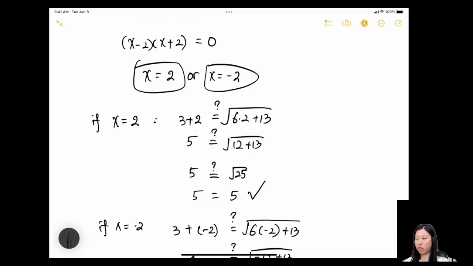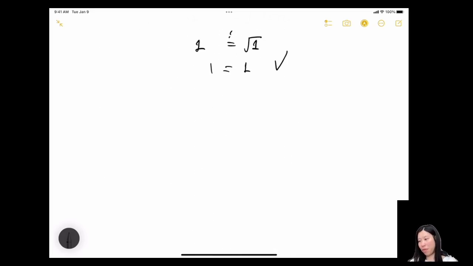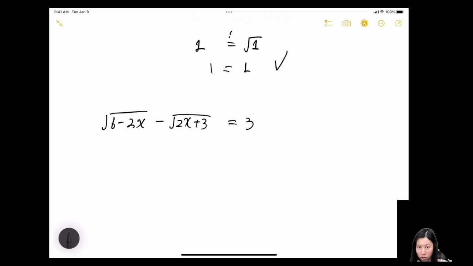Okay, so let's do a really hard one. Square root of 6 minus 2x, subtract the square root of 2x plus 3, equals 3. Okay, so the first thing is you want to isolate one of the radicals first, because we want to cancel them one by one.